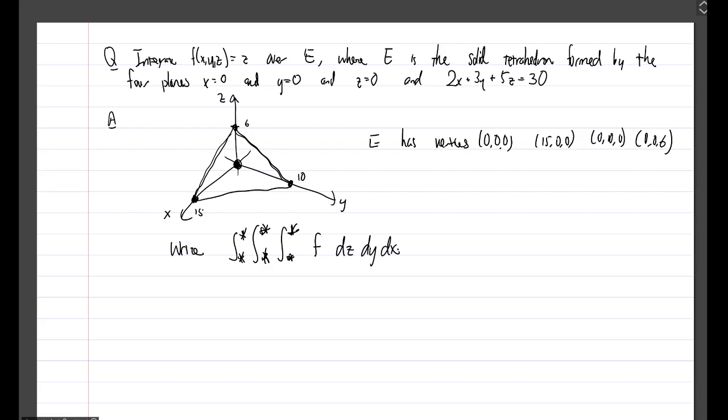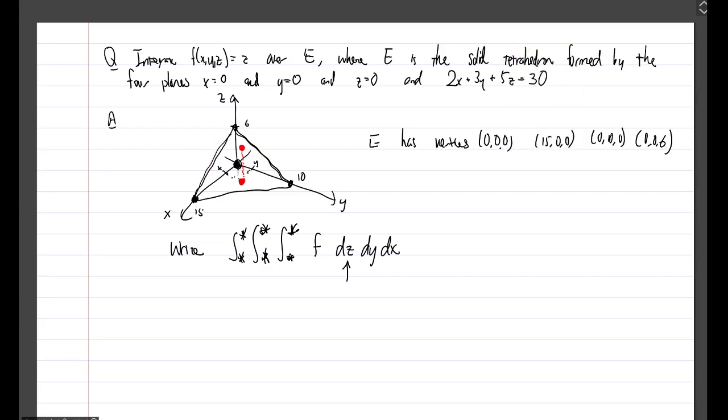Now, here's the thing. How do we figure out the z? Well, that one's actually not so bad because we have z equals 0, and then we could solve for z here. No matter what x and y you're at, z starts at 0, and then increases up until the point where it hits a point on that upper triangle.